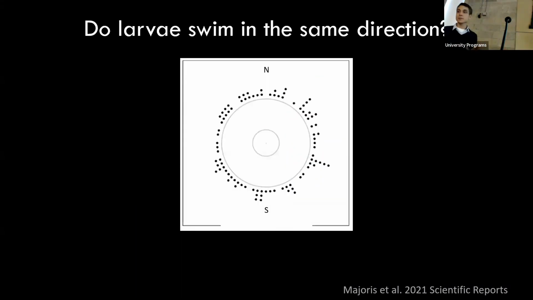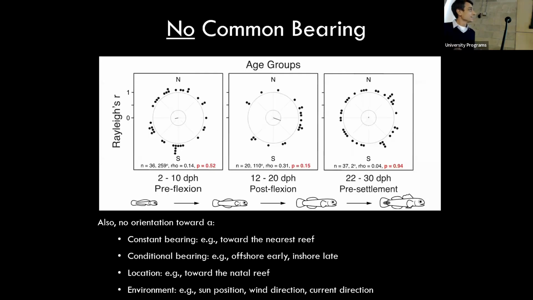So let's take a look at what I've got. In this figure, each point represents the mean bearing of an individual larva in our study. Unfortunately, because you can see those are all distributed pretty randomly around this circle, these larvae don't agree on where they should be going, right? And when we subset this data and bin it by age groups from 2 to 10, 12 to 20, and 22 to 30, we can see, again, these points are all randomly distributed around the circle.